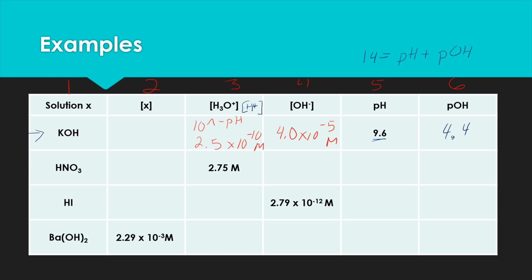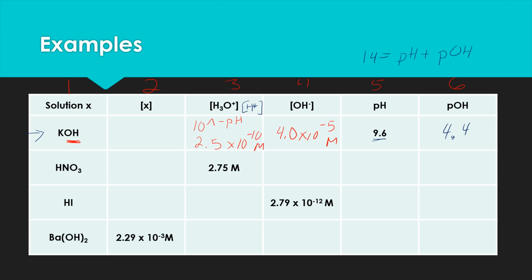Then for our final concentration here, to find the concentration of our solution, we want to look at what's in common here. So our hydroxide is part of our solution.